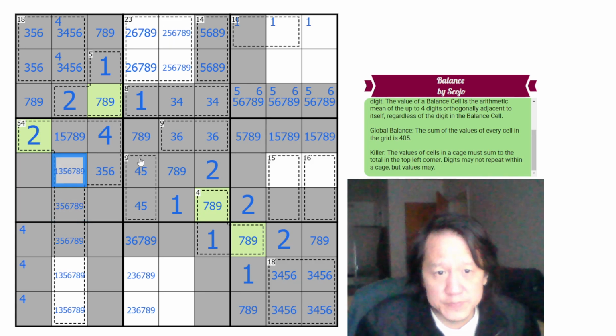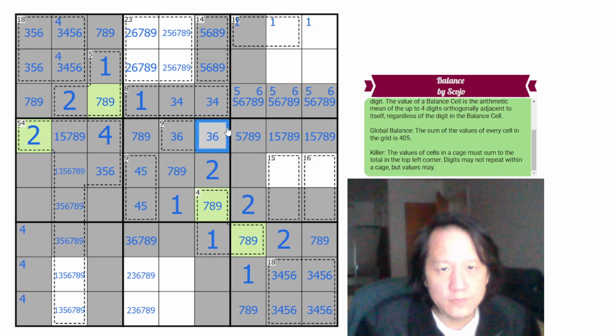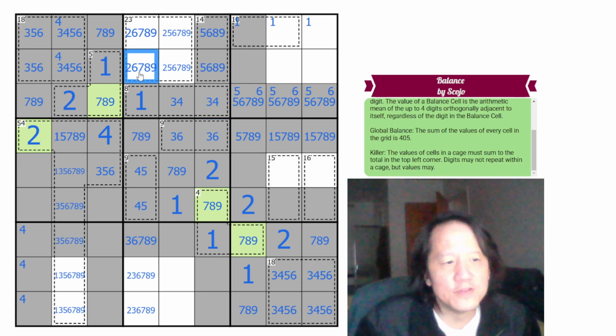Let's see. Okay, so say this was the balanced cell.